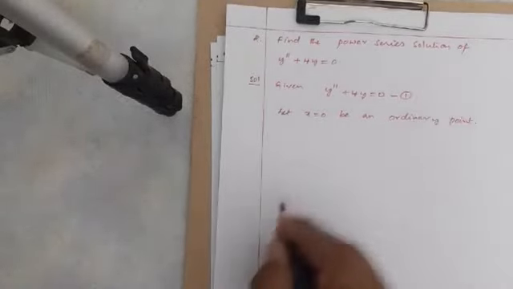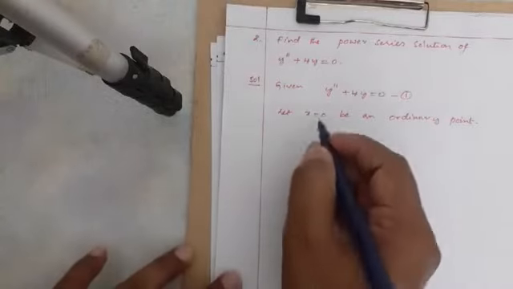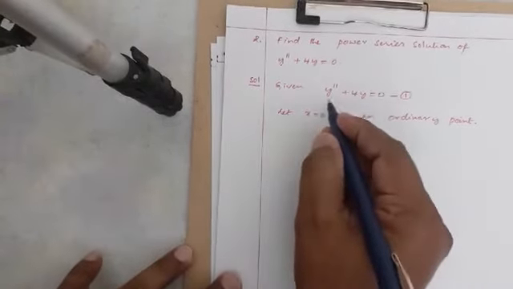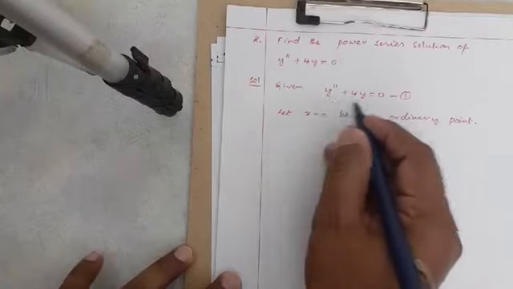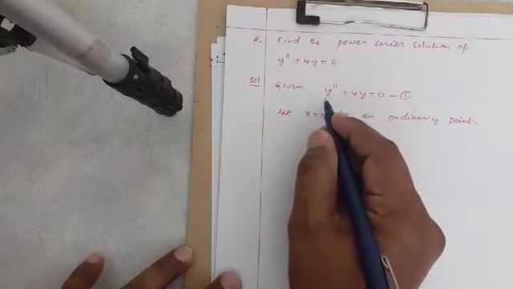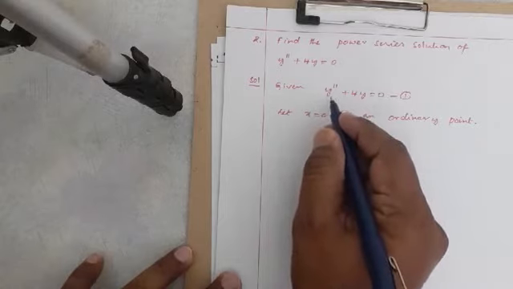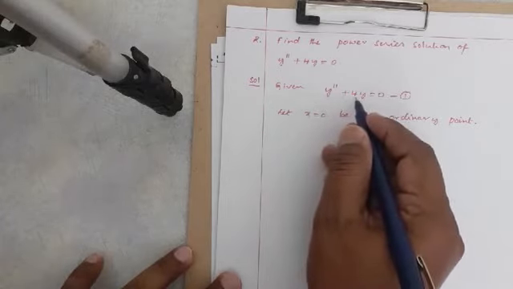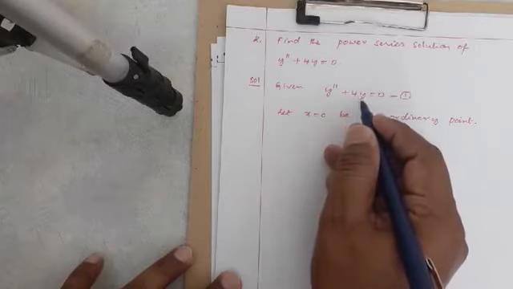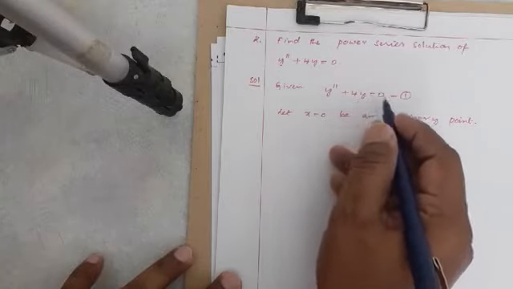After taking this, we substitute in p naught. This is the equation given, y double dash plus 4y. We suppose this as p naught of x into y double dash plus p1 of x into y equal to 0.